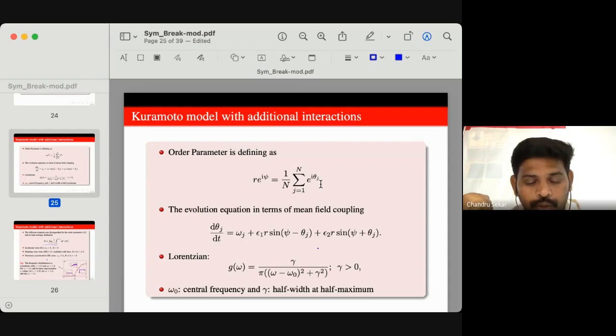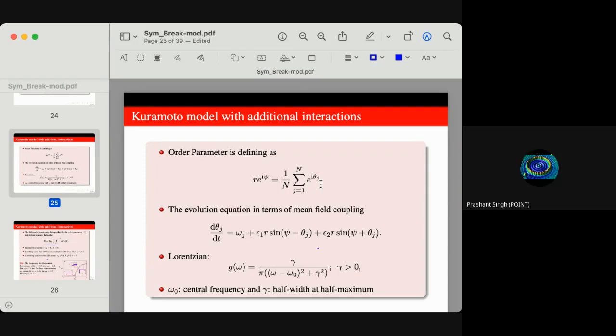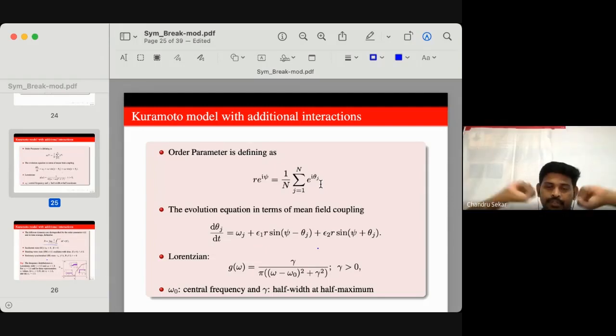You may get the number of cluster states inside the group. It gives a clear picture of the number of synchronized clusters inside the group. Clusters means the groups are separated by antiphase and so on. Okay, sir, thank you so much.